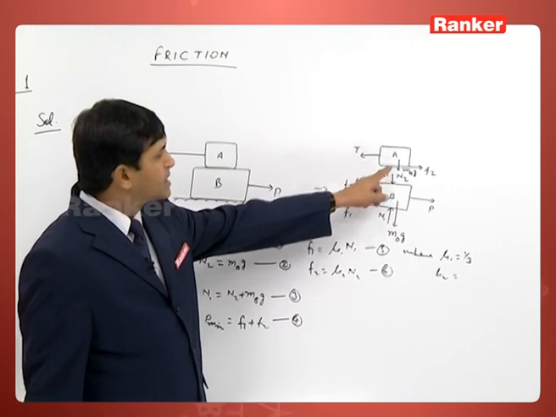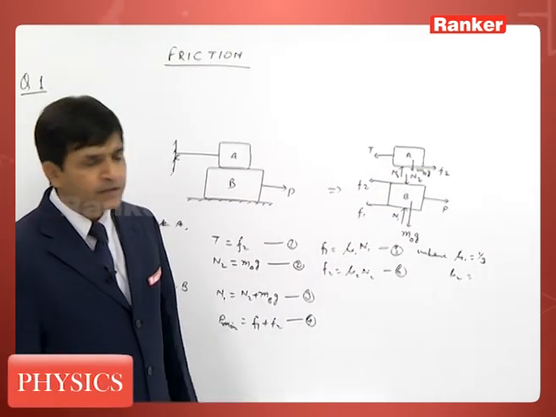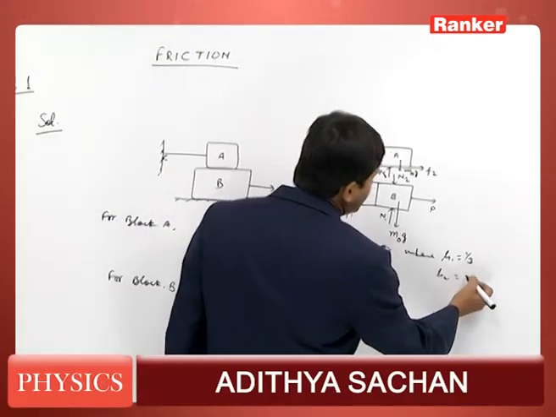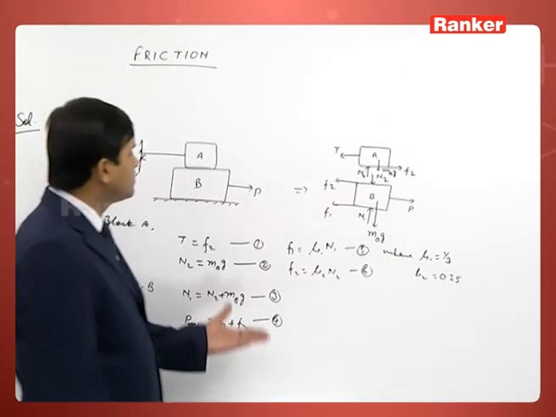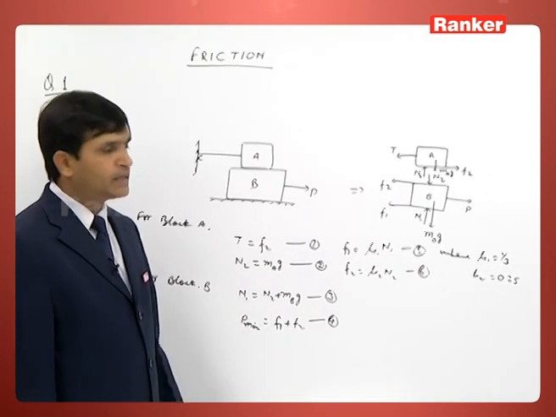friction coefficient between the block A and B, which is given as 0.25. Now, we will calculate all these values.